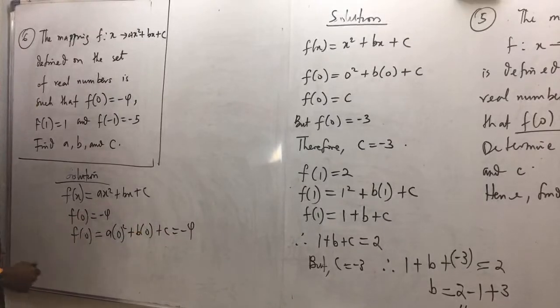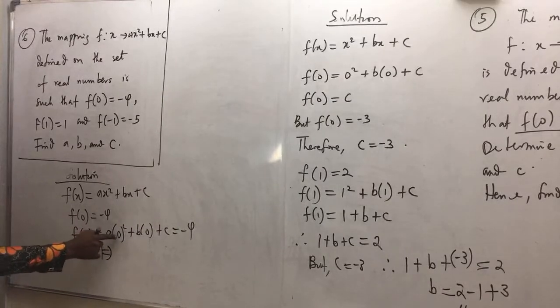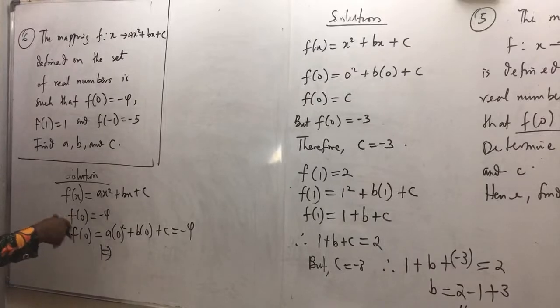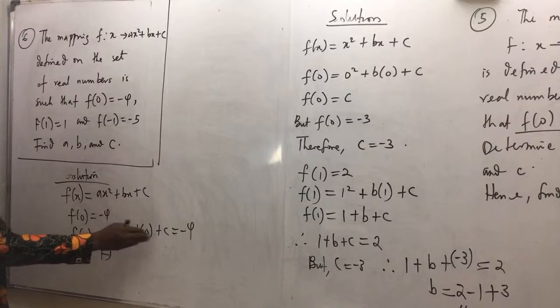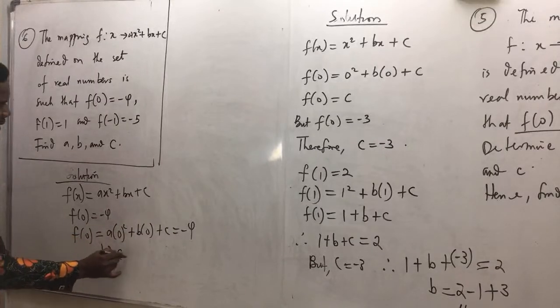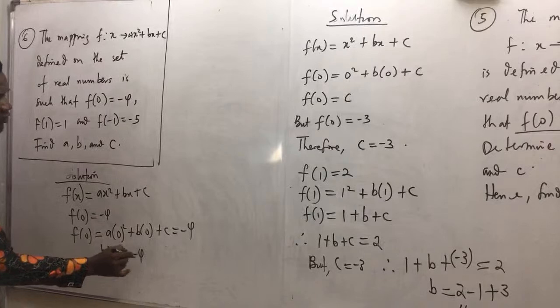Zero squared is 0, 0 times a is 0, so that goes. B times 0 is 0, so that goes. So I know C to be minus 4.